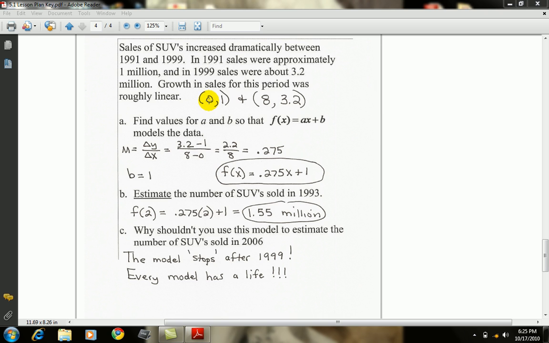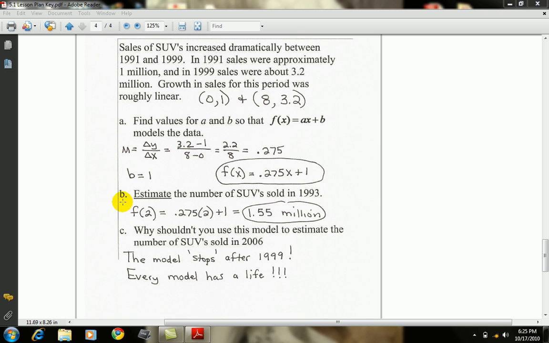So for a line, if the x value is 0, the y value that pairs with it has to be the y-intercept, and another name for the y-intercept is b. So we have our linear function, our linear model, f of x equals 0.275x plus 1.